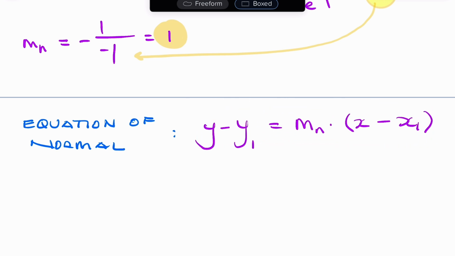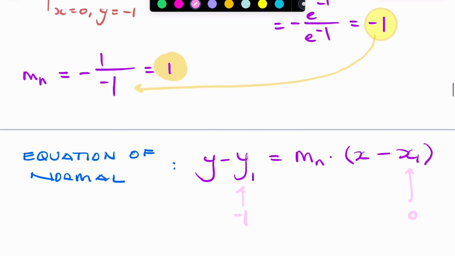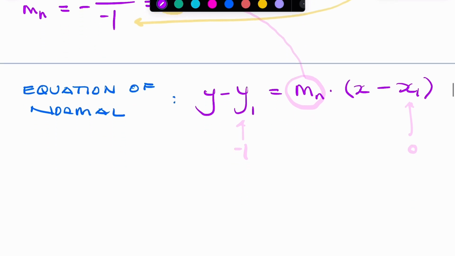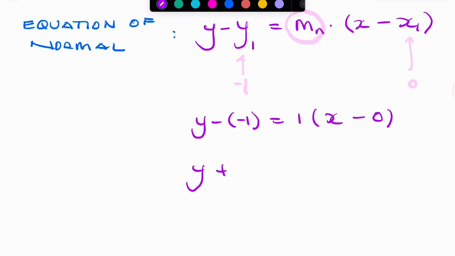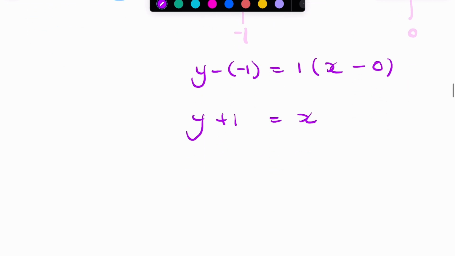And we know y1 is -1 and x1 is 0, and m, well, we just found that it's equal to 1. So we have y minus -1 equals 1 times x minus 0. So y plus 1 equals x.